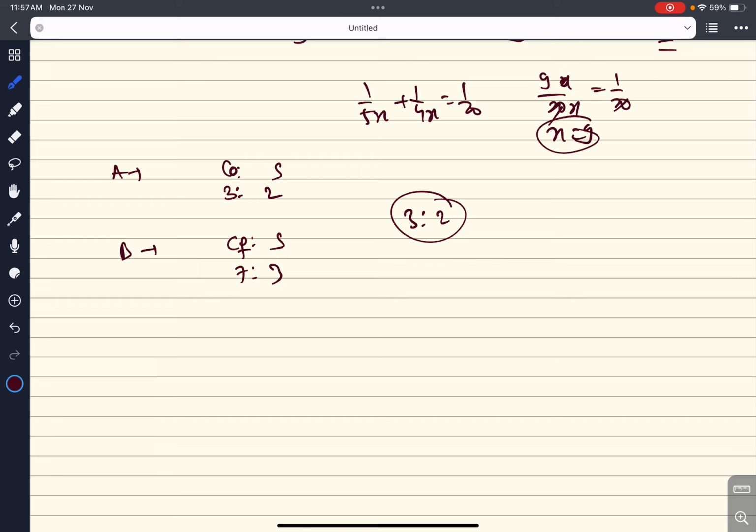After mixing, suppose C was obtained as X. Then X milk we added. We have to find the concentration of sugar in the final mixture. This is a very standard question. First you have to convert the ratios into the same form, so 3:2 can be written as 6:4, and this is 7:3.